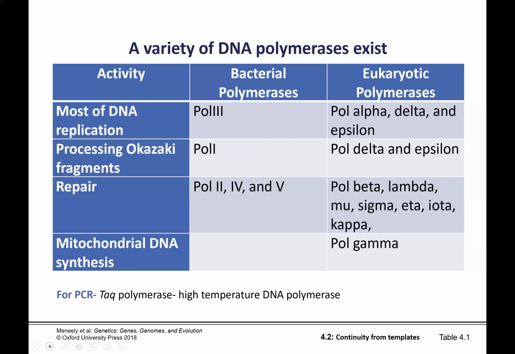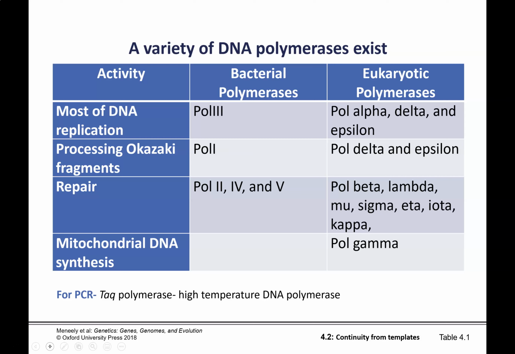So there are a bunch of different DNA polymerases that are involved in this replication process. And the polymerases in bacteria are a little bit different than the polymerases in eukaryotes, although they all perform sort of the same jobs. Remember I said in one of the lectures, I don't remember which one, that these processes of replication, transcription, translation are very, very similar in bacteria and eukaryotes.